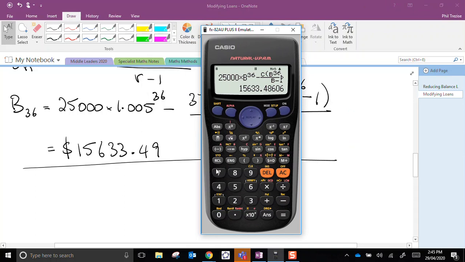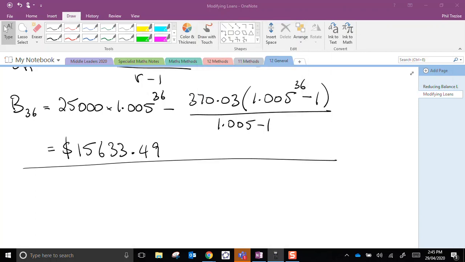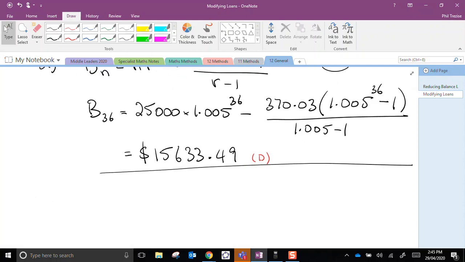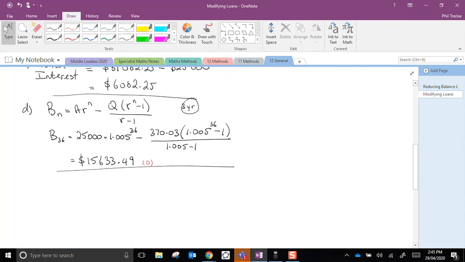So remember, shift, store, and now I'm up to memory D. So I'll just check that it's there by going recall D. Yes, that's safe. There it is. And I'll make a little note to myself here on my working that that's stored in memory D.